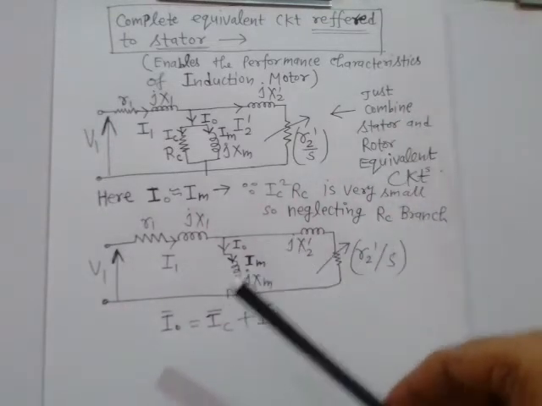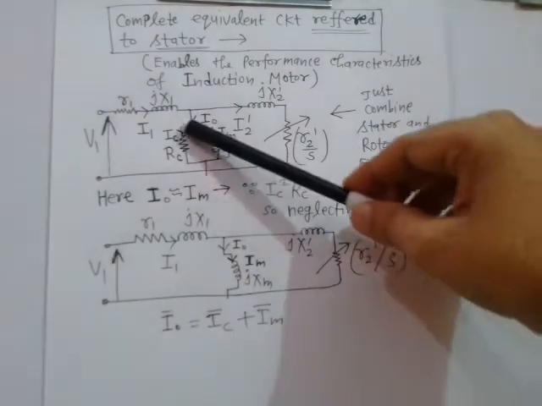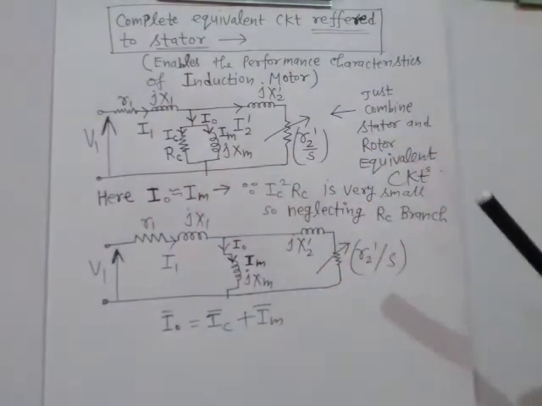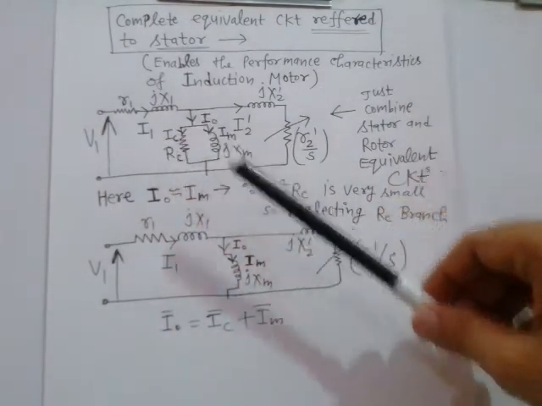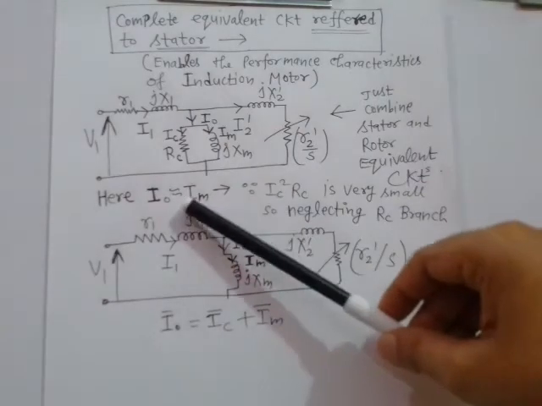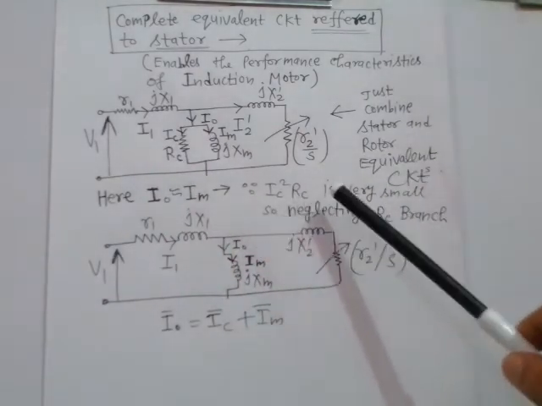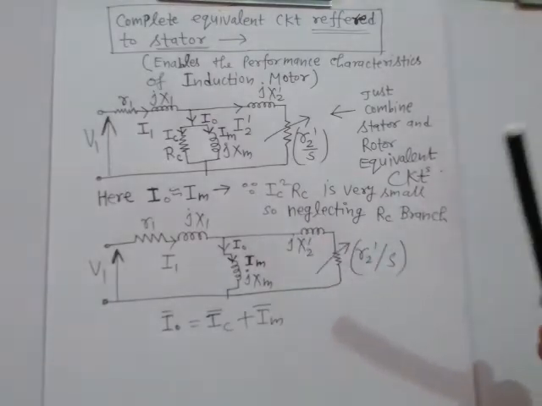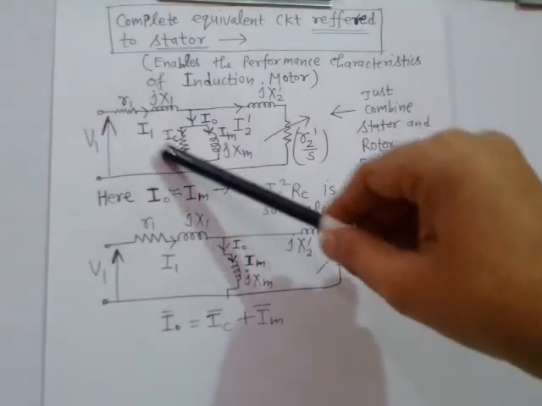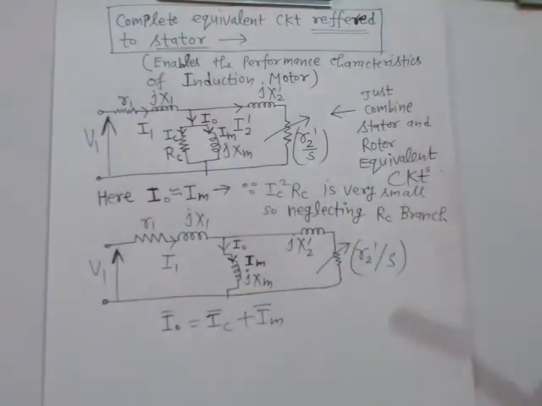Now in order to further simplify this for ease of calculation, just ignore one quantity, that is the core loss, right? If you ignore IC square RC, because it is very small, for all practical purposes you can remove this branch without any appreciable change in efficiency.